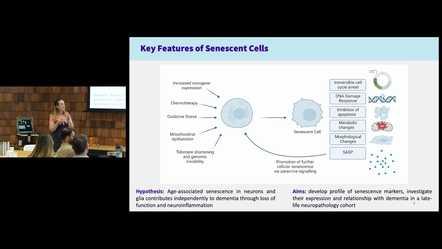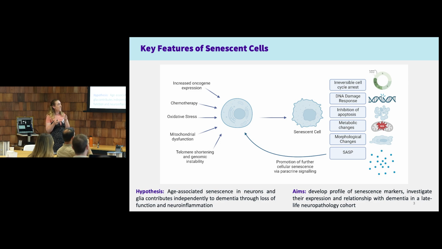And we also see this SASP, which involves the release of pro-inflammatory factors that can actually induce further senescence in neighbouring cells. And this, combined with the fact that senescent cells are resistant to apoptosis, means that we do see an accumulation of these cells as we age.